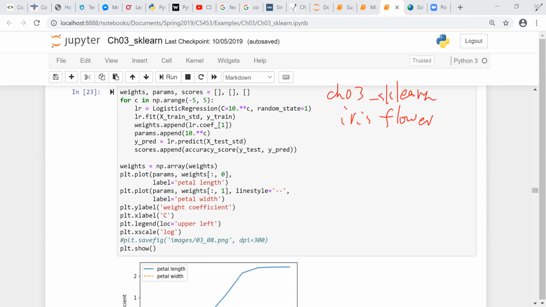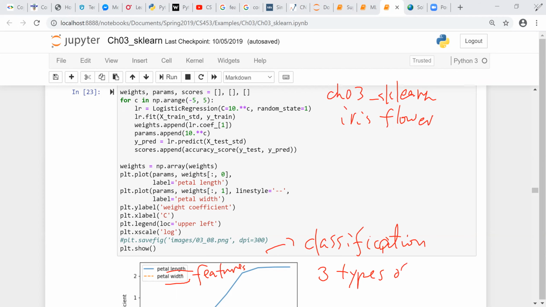We have the petal length and the petal width as the features, and we do classification here to classify 3 types of flowers.